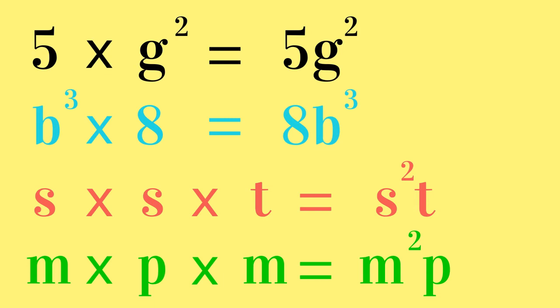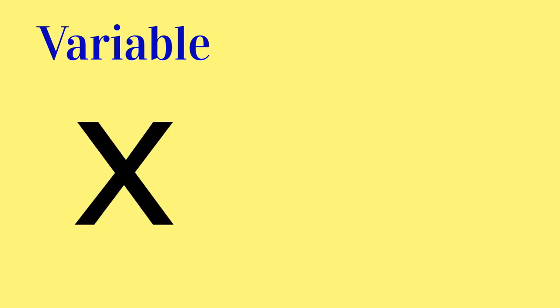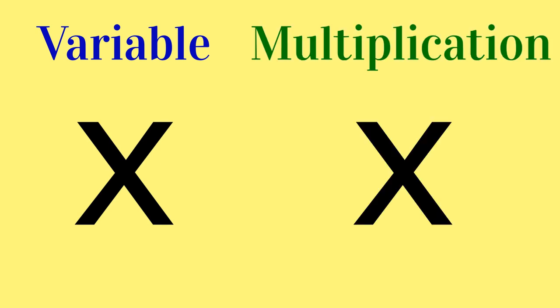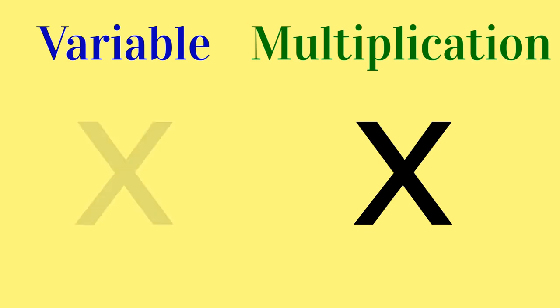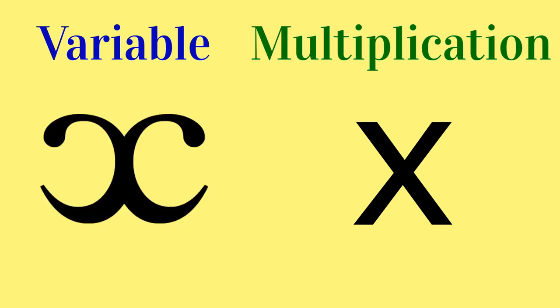In algebra, one of the most common letters used as a variable is x. But so that the variable x is not confused with the multiplication sign, we write the letter x in the Latin way, which is like having two letter C's back to back.